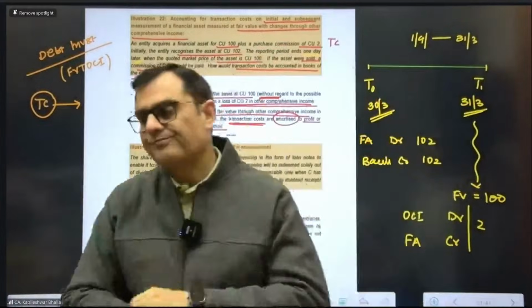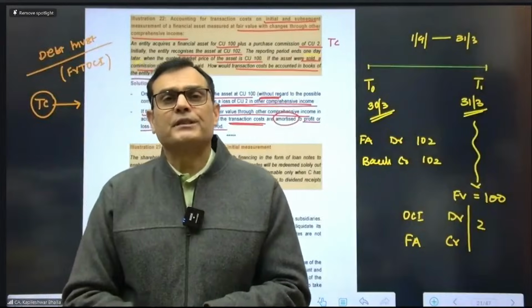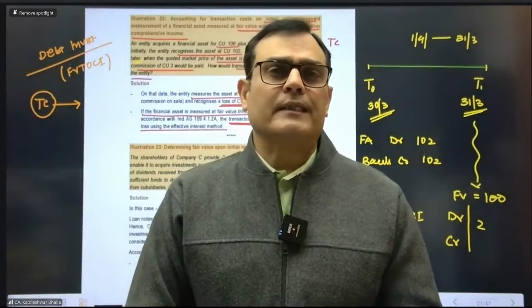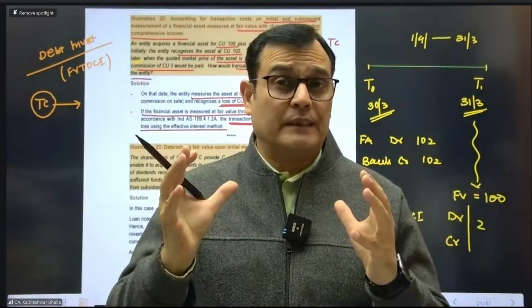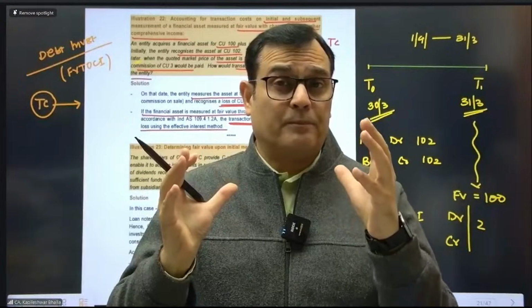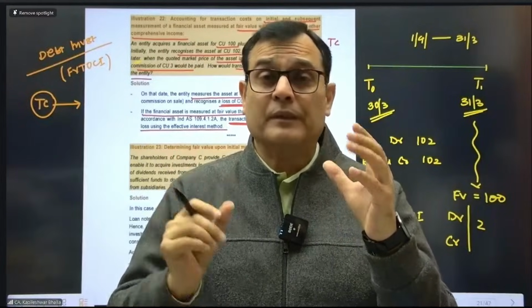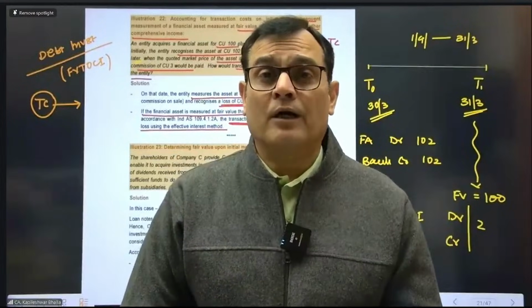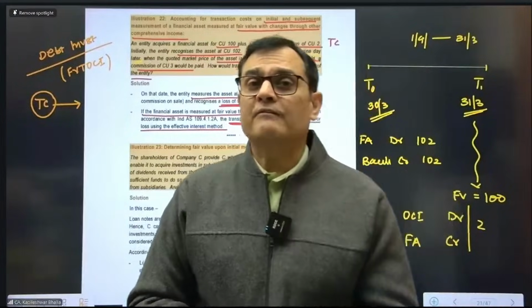When you consider the TC and add it to the cost of the asset, can I say that because of the transaction cost, the EIR is going to go up or go down? Remember, you need to calculate the EIR from the point of view of the investor.